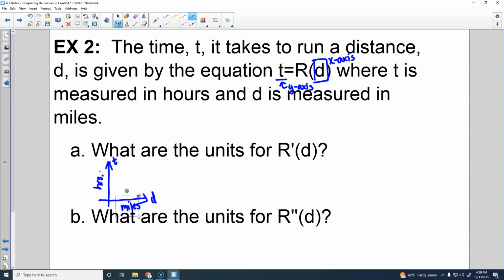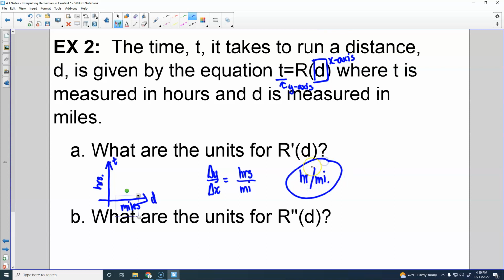So if we're looking for the units of r prime of d, we're thinking change in y over change in x, because the derivative is a slope. Our y-axis here is hours, and our x-axis is miles. So our units are hours per mile.